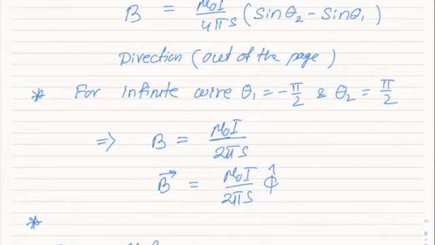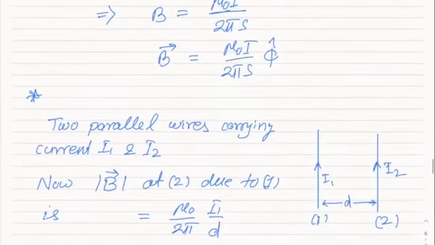Now, what happens if you have two wires which carry currents I1 and I2 and are placed at a distance d? The first thing you should see is that each wire will exert a force on the other. For example, at wire 2 there will be a magnetic field due to wire 1.